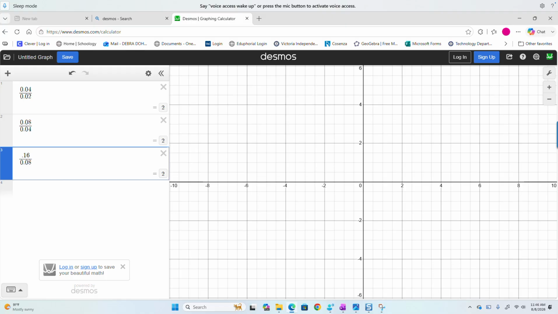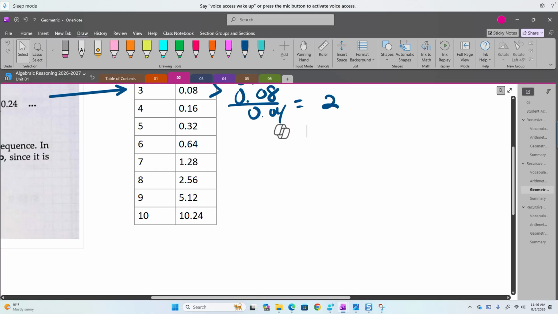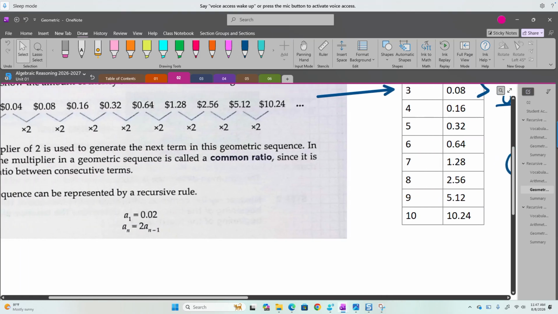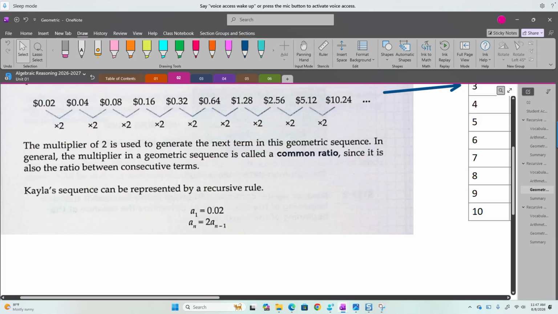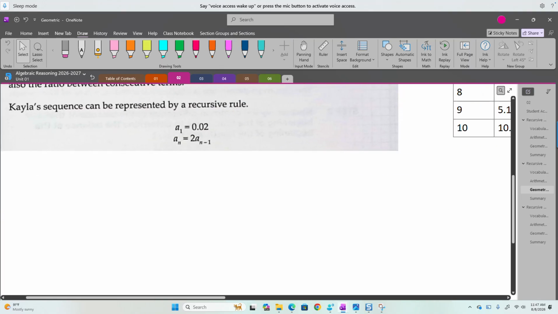All right, so back over to this. Remember that we want our recursive rule, which is a sub 1, which is 0.2. And then with our recursive rule, they've got 2 times a sub n minus 1.